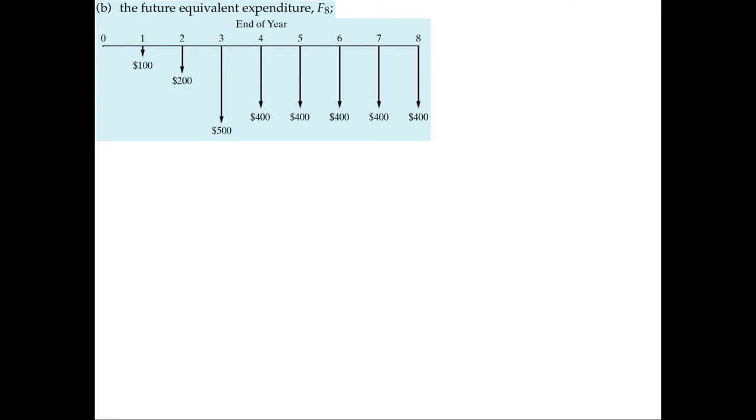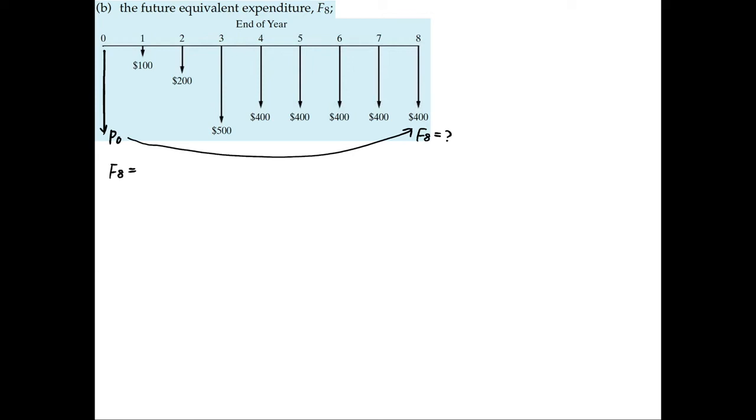Because you already have P0, you only need to compound that P0 to some future time to find out F8. P0 is something you already calculated in the first question. So now it's very easy.